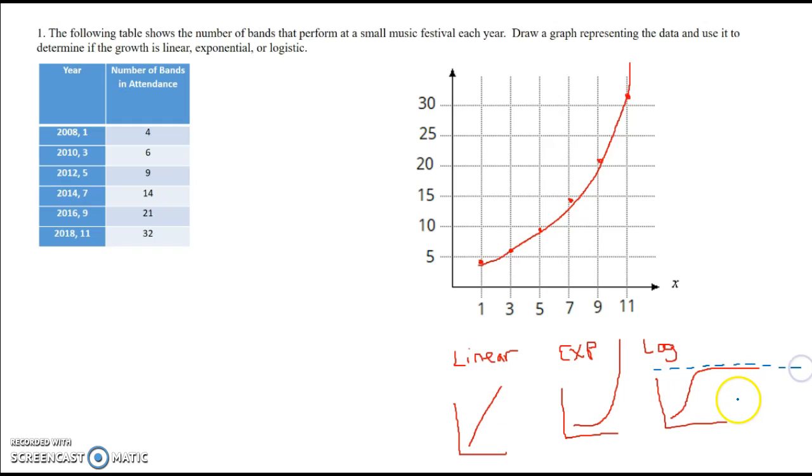The environment can't sustain growing and growing and growing without limits. So there's something called a carrying capacity. And when the population reaches that carrying capacity, then you'll start to see the population decline, just because there's not really a lot of resources left.